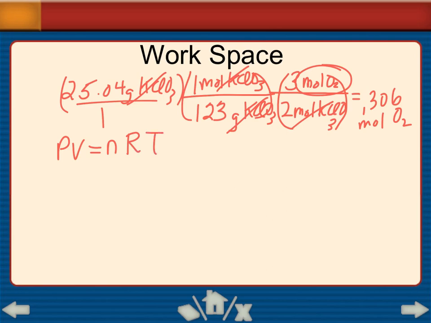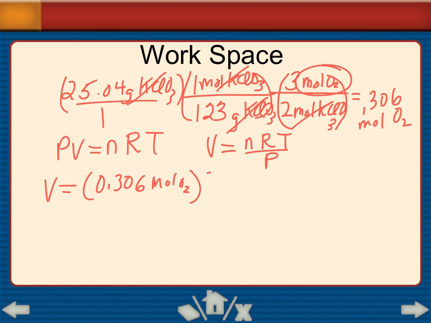We are looking for the volume, so V will be equal to nRT over P. And now we substitute in. n is the number of moles of oxygen gas, 0.306 moles of O2. R, because we've converted to atmospheres, can be 0.00821 liter atmospheres per mole Kelvin.